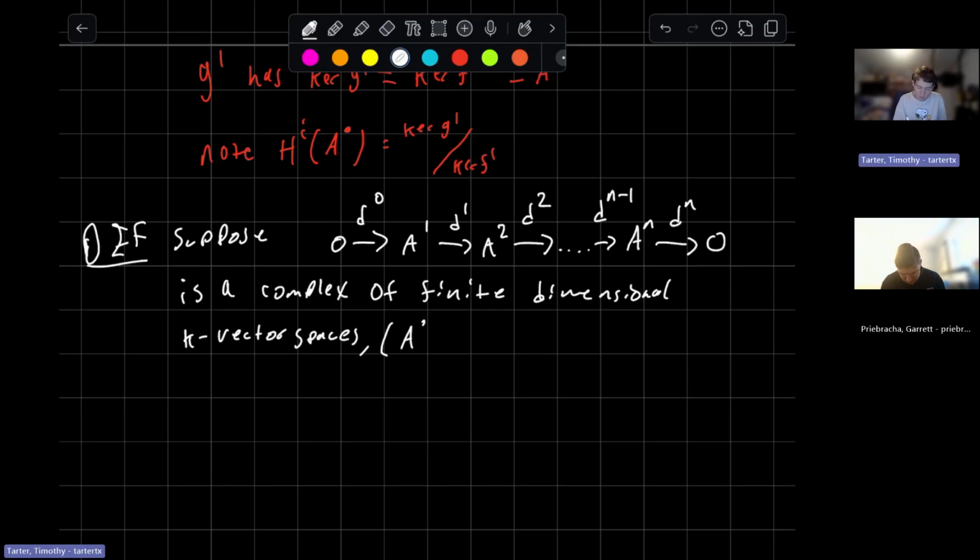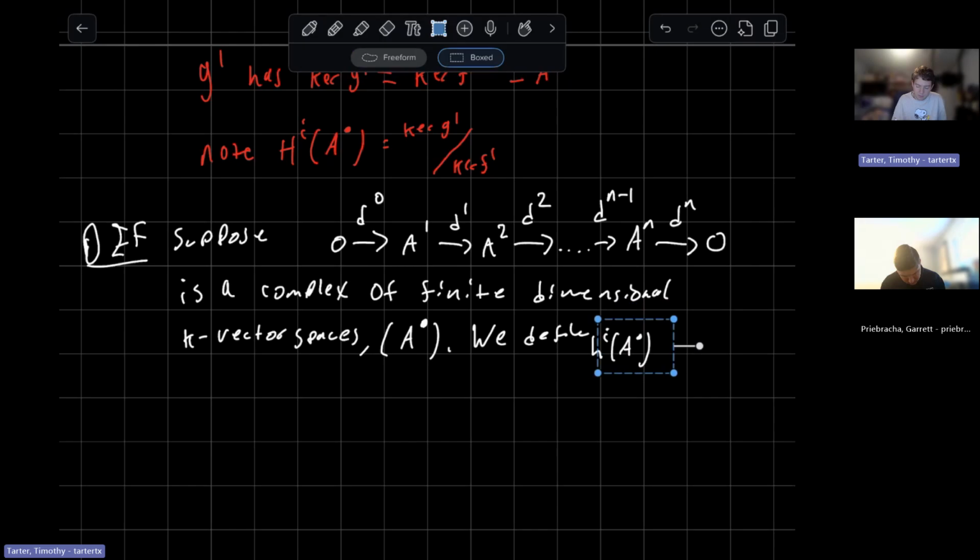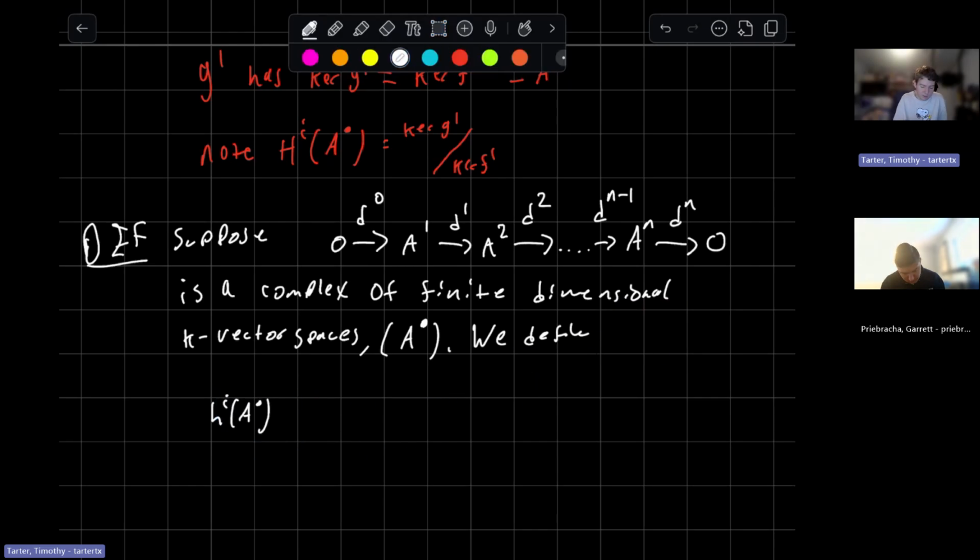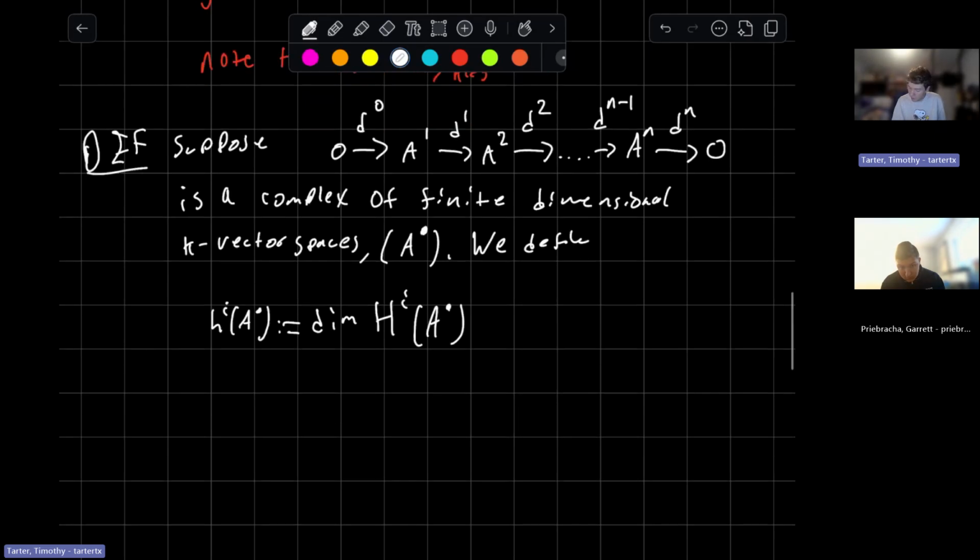We're going to call this complex A dot. We define lowercase h to the i of A dot to be equal to the dimension of the ith homology group of the chain complex.